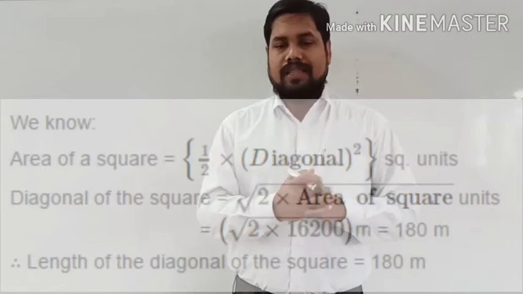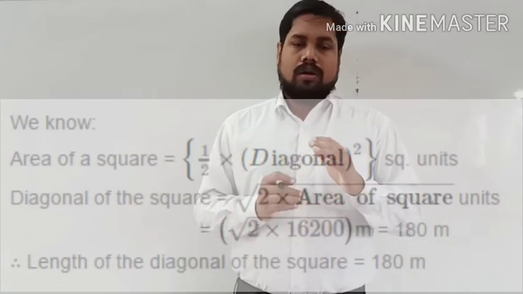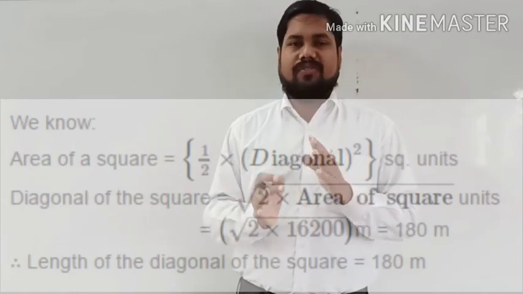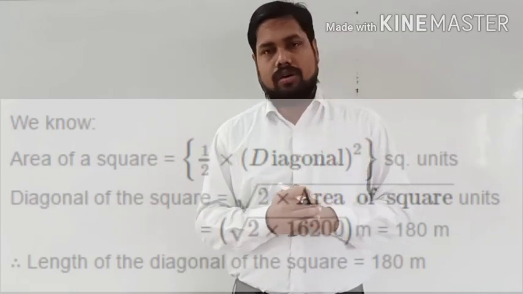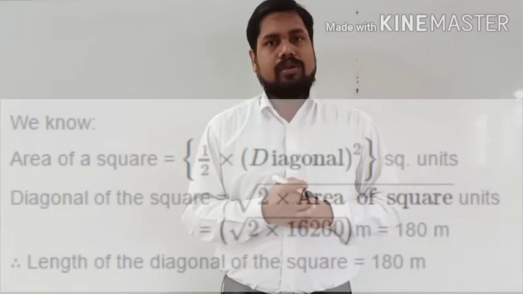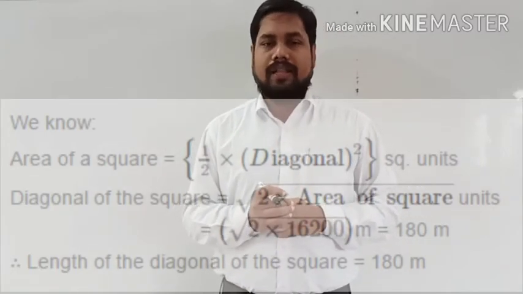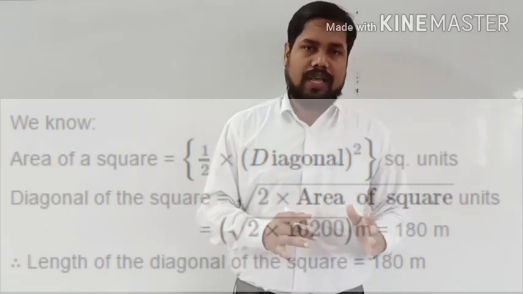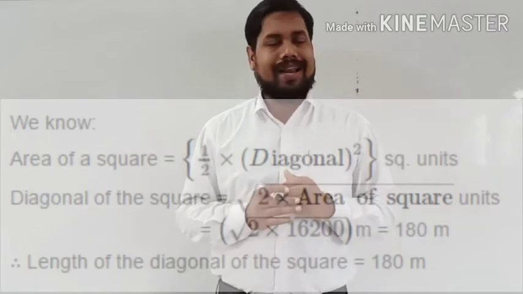So if you multiply this, you will get 180 meters. After multiplying, if you find the square root of that, you will find the answer 180 meter, which will be the required length of the diagonal. Okay, so therefore the length of the diagonal will be 180 meter.